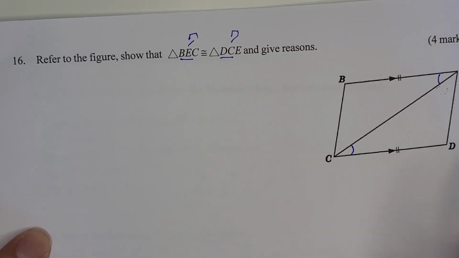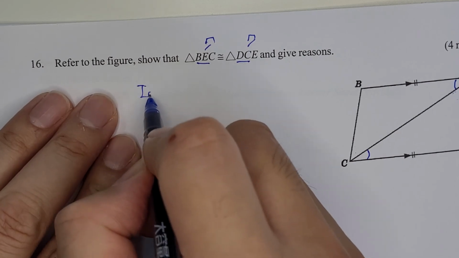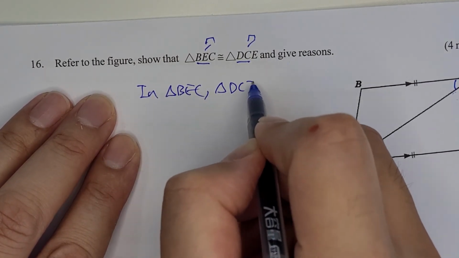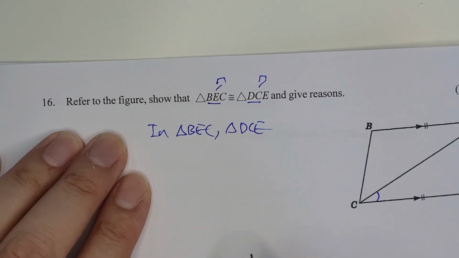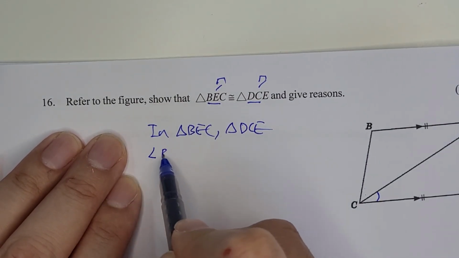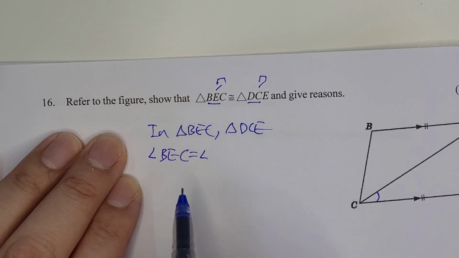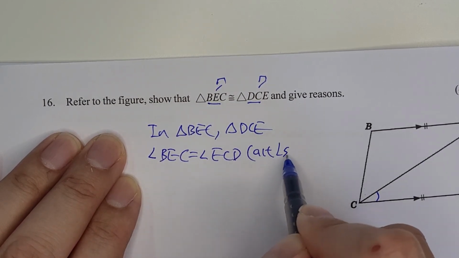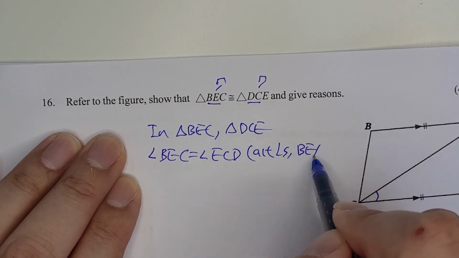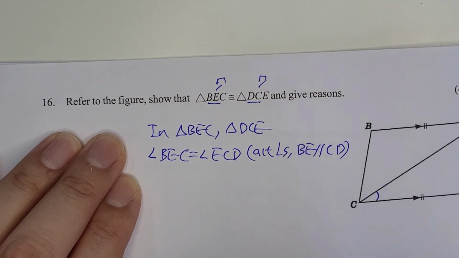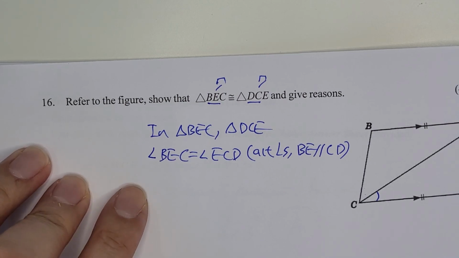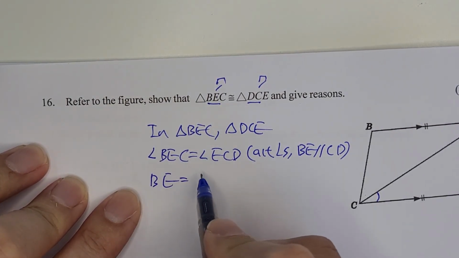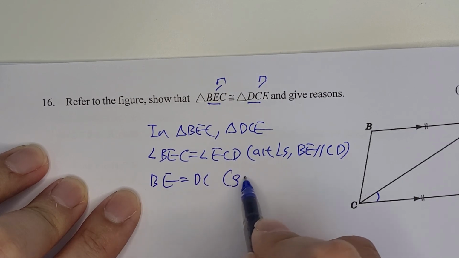So you can write something like this. In these two triangles, triangle BEC, triangle DCE: first, angle BEC equals angle ECD, because they are alternate angles, BE parallel to CD. And next, BE equals DC, given in the question.